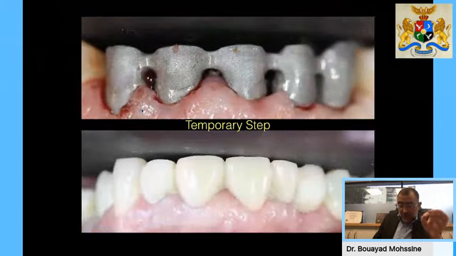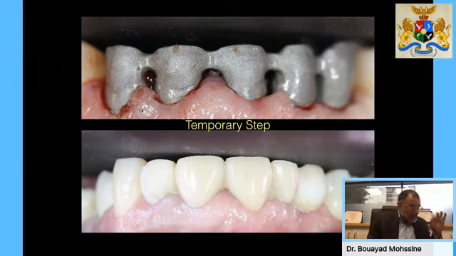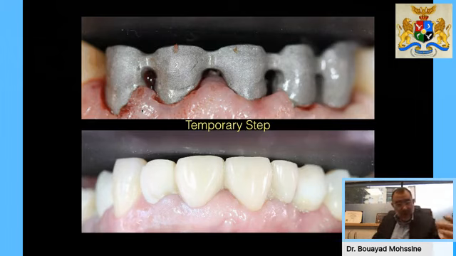You have to manage the vestibular soft tissue with soft tissue grafting with CTG or a free gingiva graft or another technique of grafting to recreate a new papilla between temporary crowns.